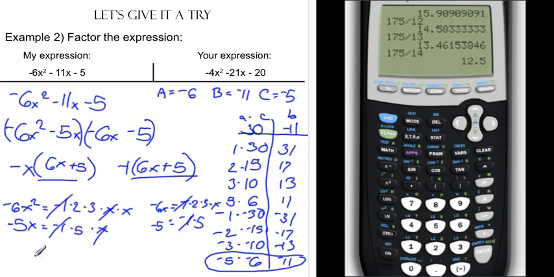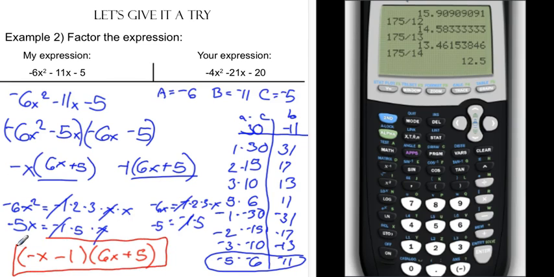Now all I have to do is put it together, and notice how those negative signs came out. If I don't take care of those negative signs when I factor, I'm going to end up with some ugly situations. Easier to take care of them while I'm doing the grouping part. And there is the solution.